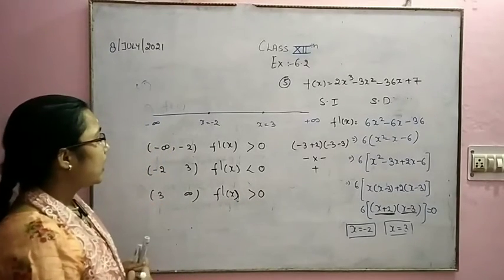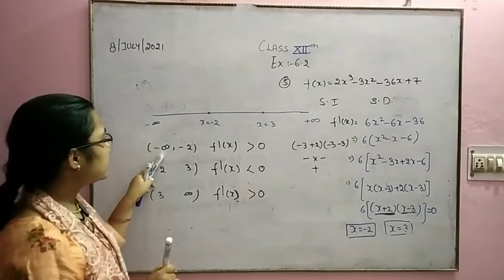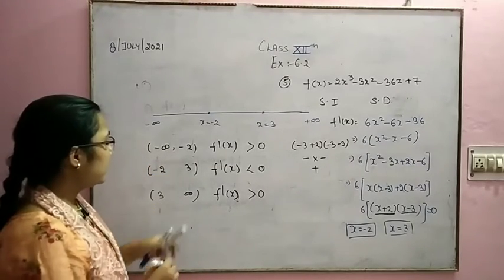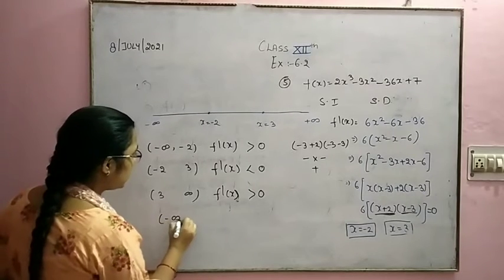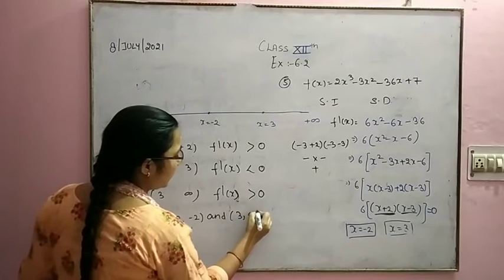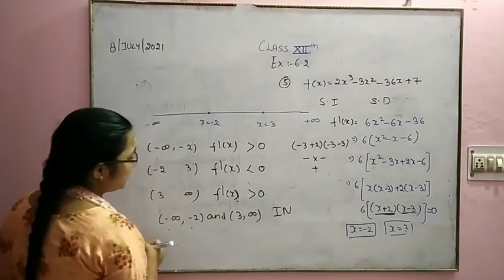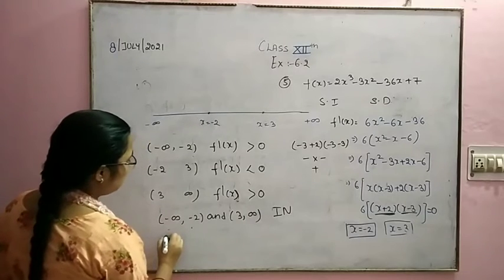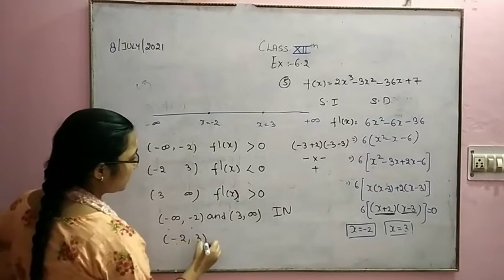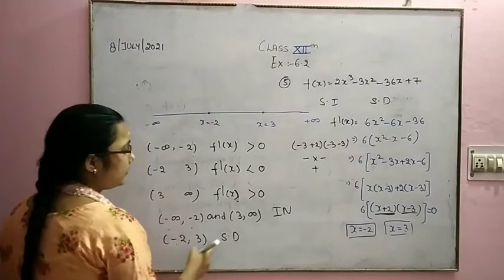Correct? So for increasing we have two intervals: minus infinity to minus 2, and 3 to infinity. This is the interval for strictly increasing function, and minus 2 to 3 is the interval for strictly decreasing.